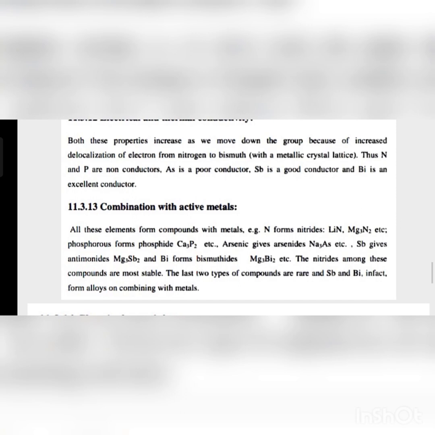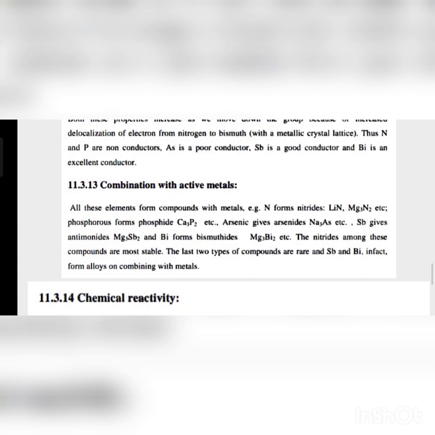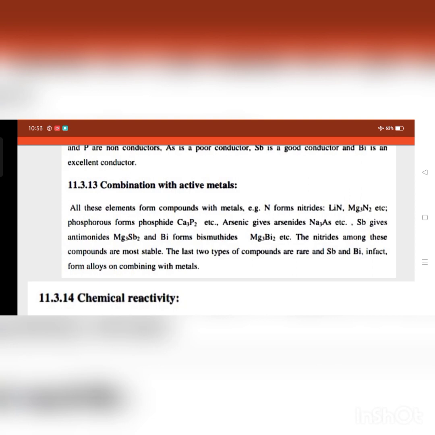Combination with active metals. All these elements form compounds with metals. For example, nitrogen forms nitrides, Li3N, Mg3N2, etc. Phosphorus forms phosphides, Ca3P2, etc. Arsenic gives arsenides, Na3As, etc. Antimony gives antimonides, Mg3Sb2, and bismuth forms bismuthides, Mg3Bi2, etc. The nitrides among these compounds are most stable.